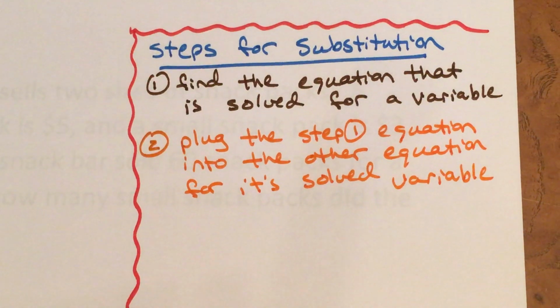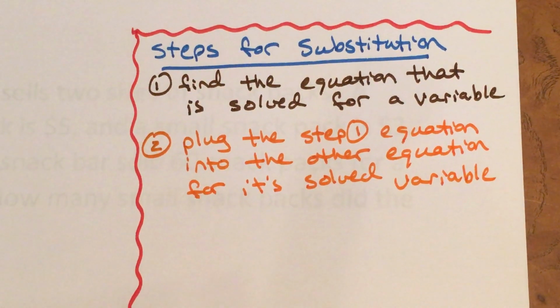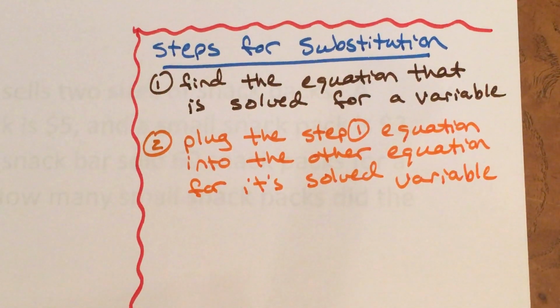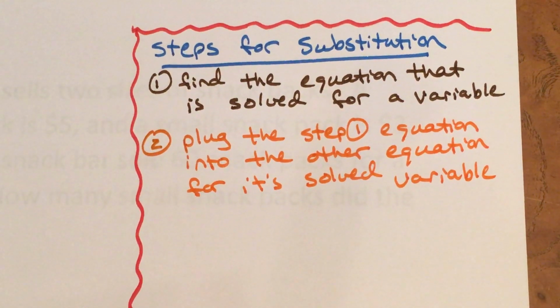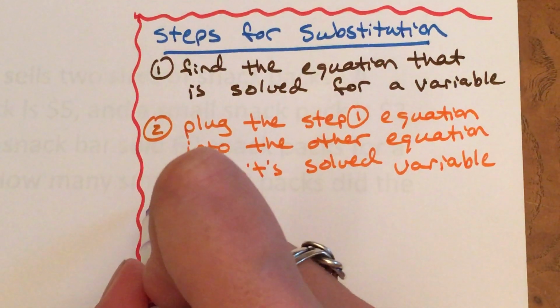Now, if that doesn't make sense right now, that's okay, because I am going to show you step by step exactly what that means. But do make sure you have these steps written down. It's a great reference to go back to.